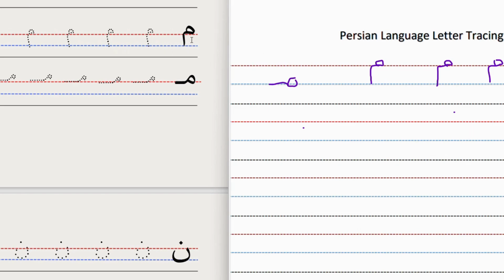So I want to write the letter's name, meme. It has got two me sounds. So let's do it. Okay, this is like meme. When they are connected, it is a little different from when they are isolated.